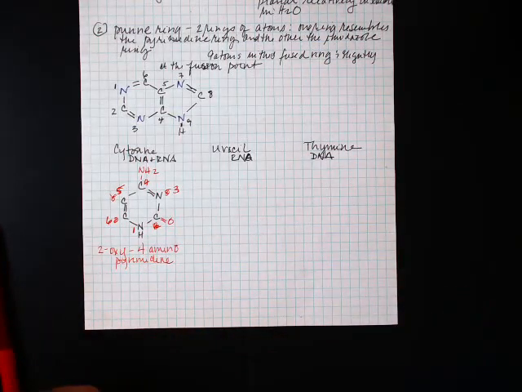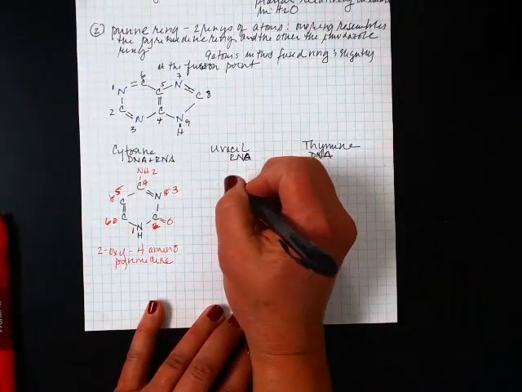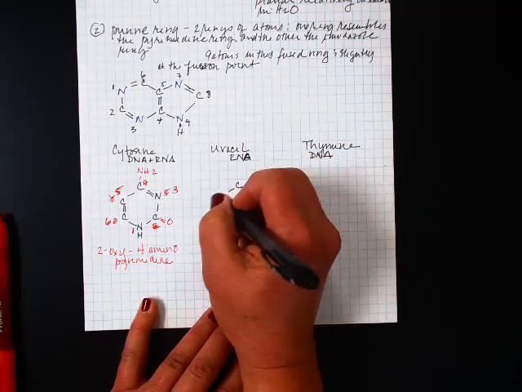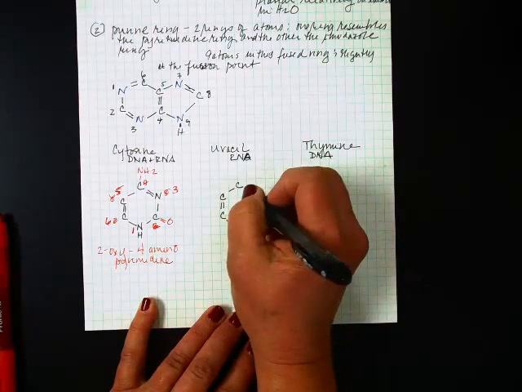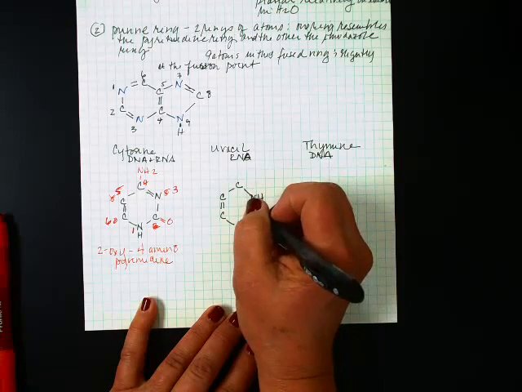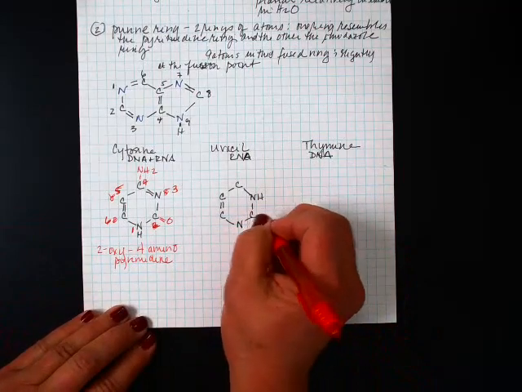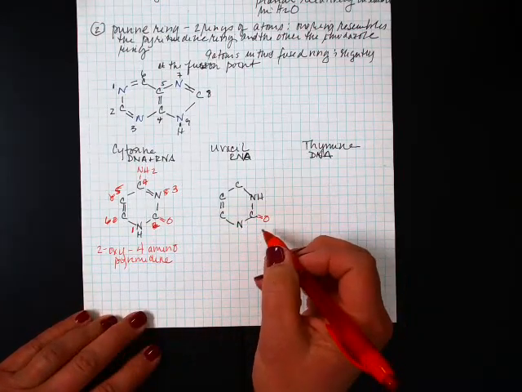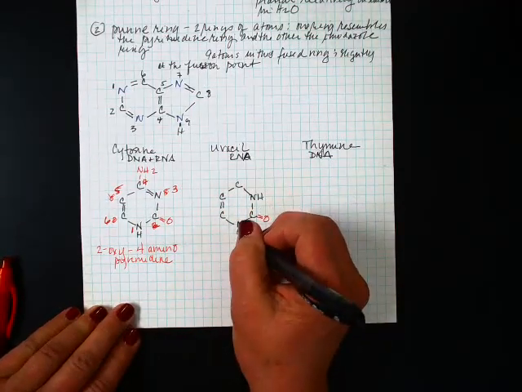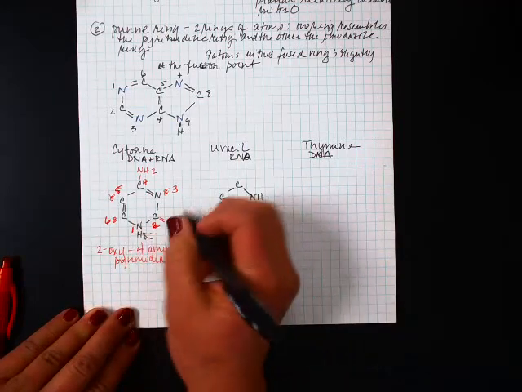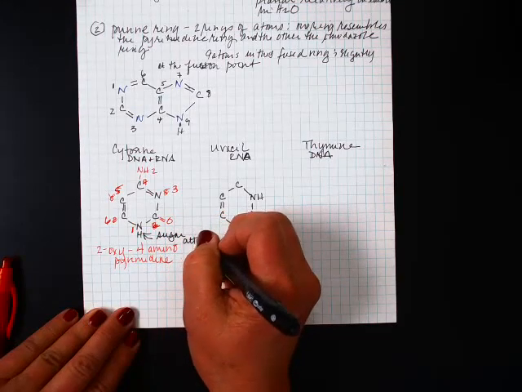Okay, uracil. Here's my black one. So again, we still have a carbonyl in that 2 position, and I should add some hydrogen here. This is the site of sugar attachment. I meant to note that, which we will also be doing.